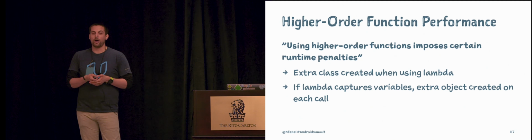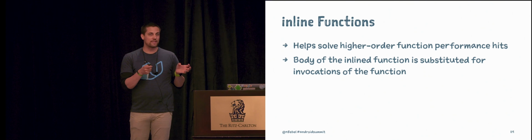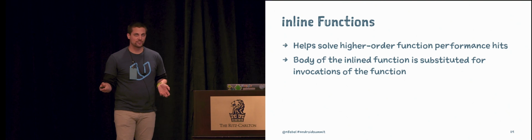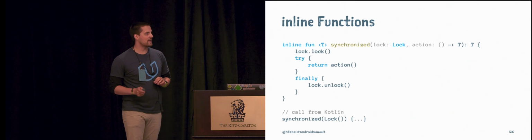Thankfully, we can use inline functions to mitigate this. So this helps solve that specific problem. And basically what it does is it takes the body of the inline function and just substitutes that in for the invocation of that. So what does that look like?